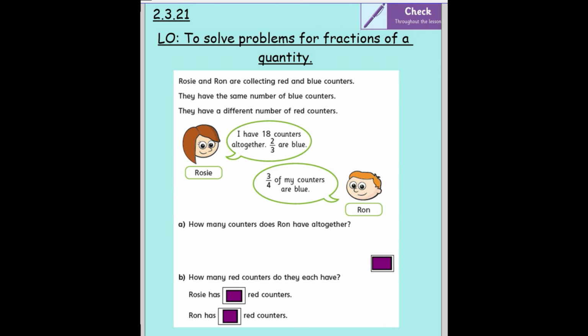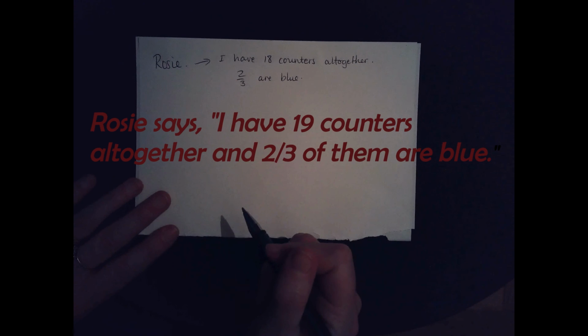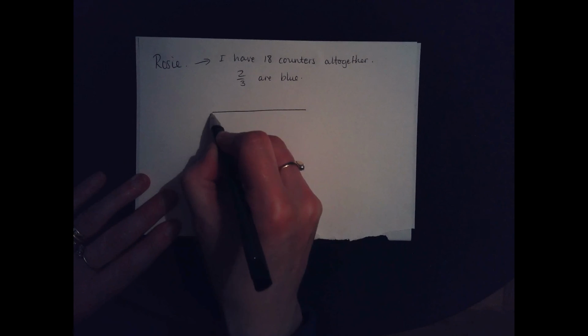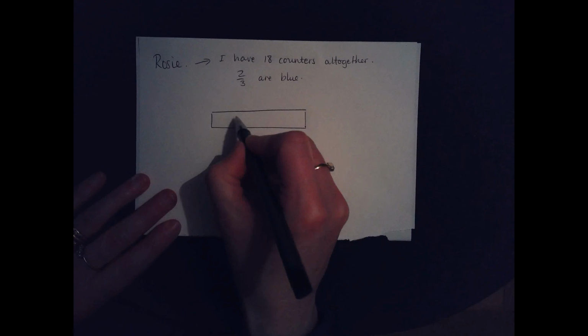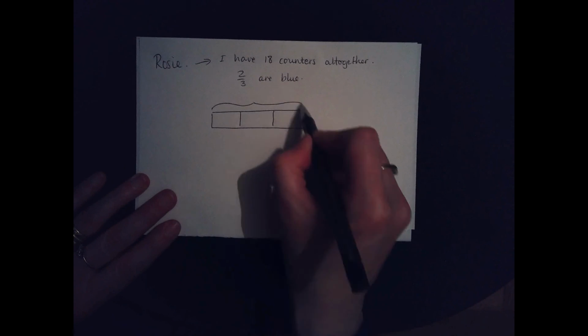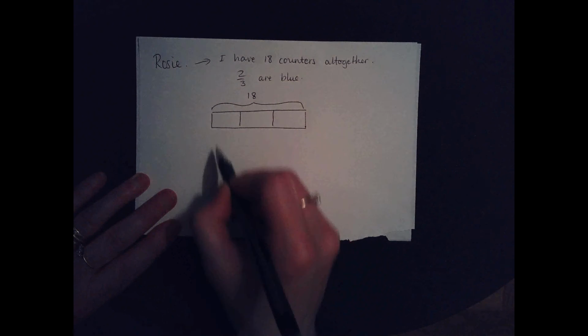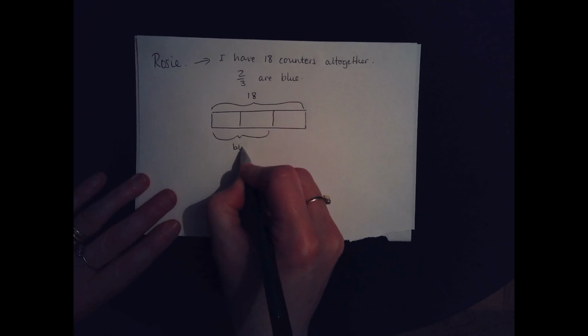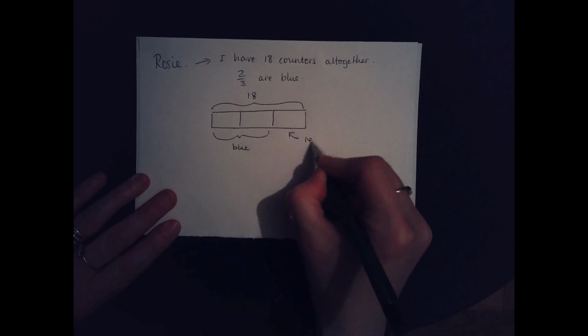Now for this one, I'm going to use the visualizer to explain and show you how I did the bar models. Okay, so Rosie says I have 18 counters altogether and 2/3 are blue. So I know from the denominator that I need a bar with thirds. I know that the total amount is 18. And I know that 2/3 are blue. So these must be red.